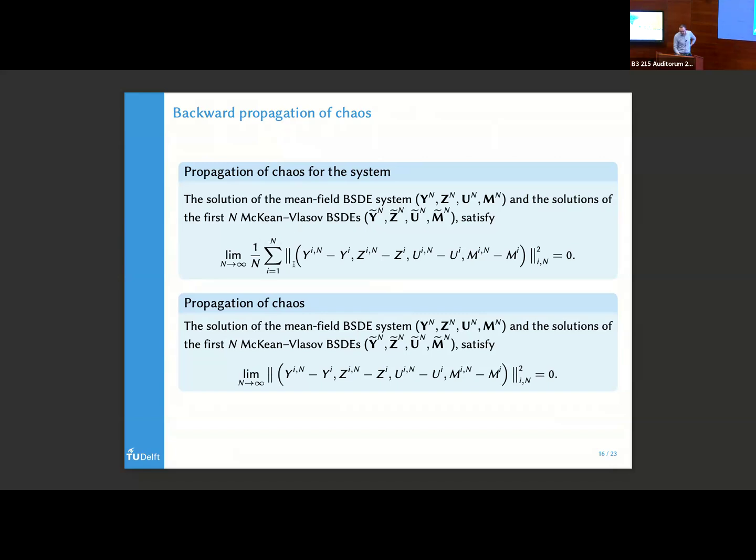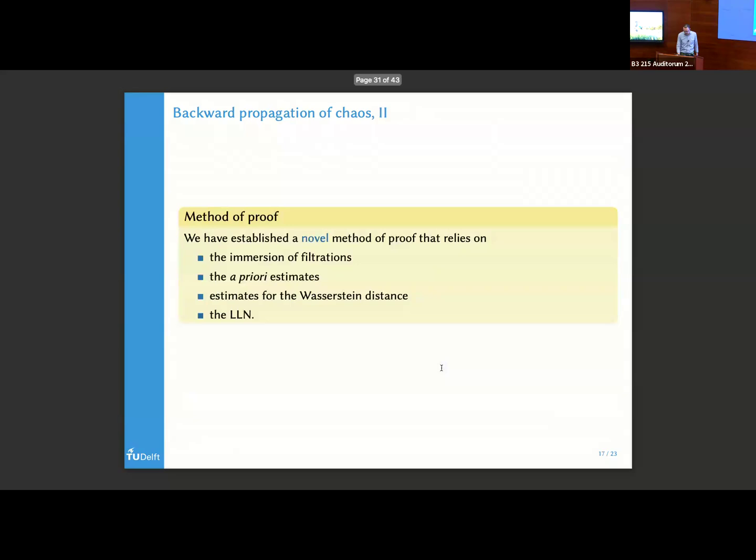So you get a convergence of these average versions. And then after some work, you can show really what everybody calls propagation of chaos: that the mean-field solution is corresponding to the McKean-Vlasov solution, and the same is true for the Z integrator, the U, and the orthogonal component. So really the whole mean-field system is converging to the McKean-Vlasov equation.